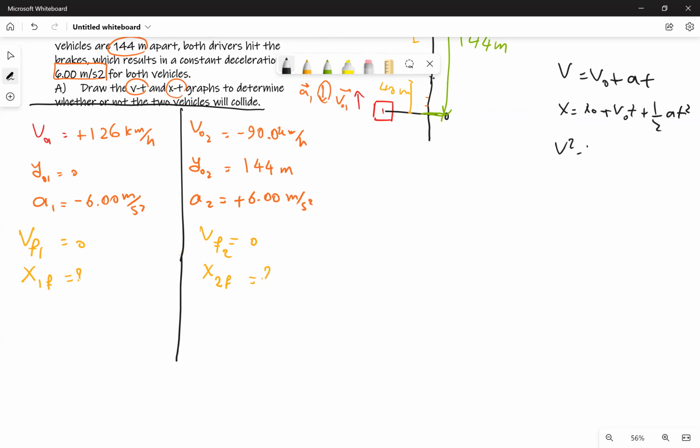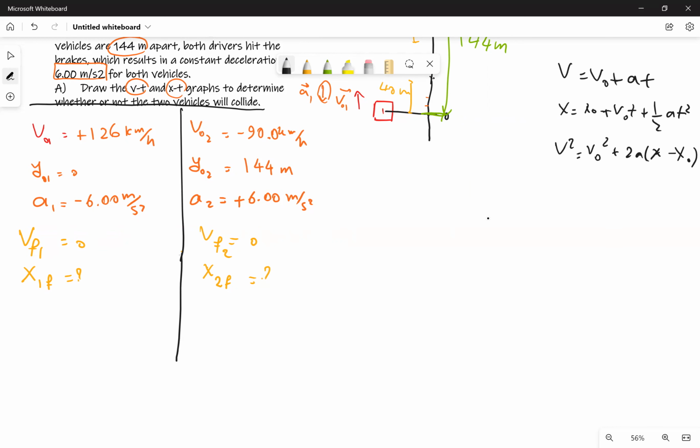V squared is equal to V0 squared plus 2A times (X minus X0). Sorry for my writing, my Surface is at a position where I don't have very good control on the screen.